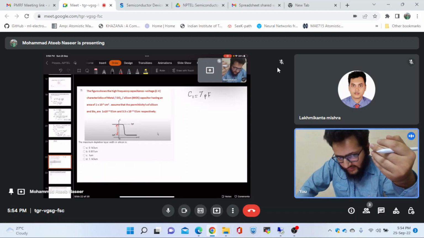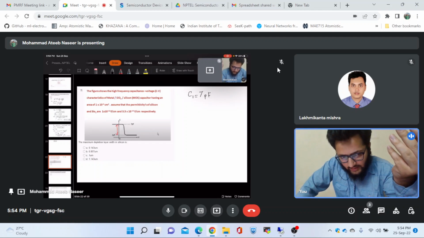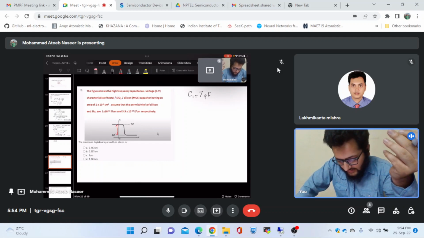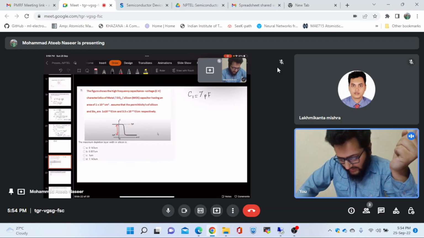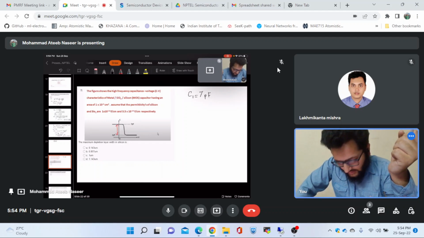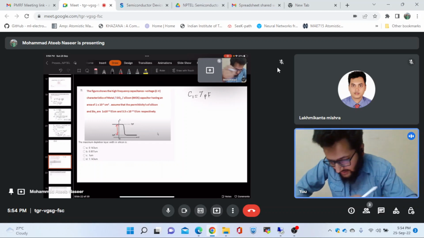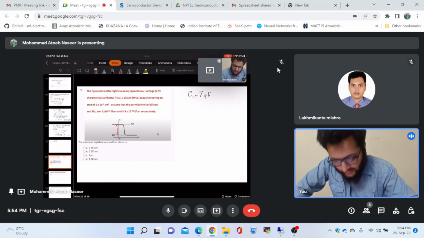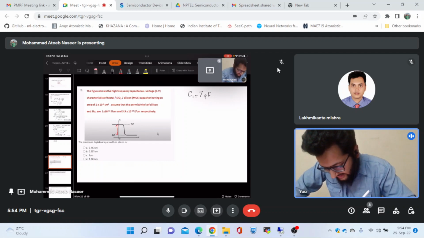Now, when this voltage has been applied, we don't know how much voltage, but there is some voltage, and this is a high frequency curve. The carriers will not get enough time to respond with this voltage, so there will be the depletion charge formation, and this depletion region will result in the capacitance associated with it, which is the semiconductor capacitance in that case.